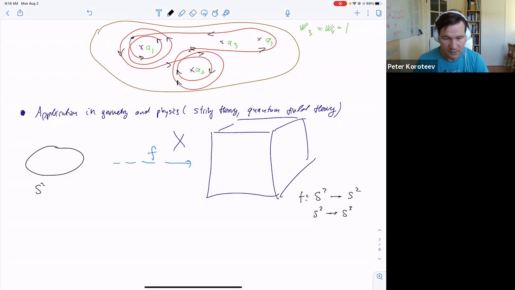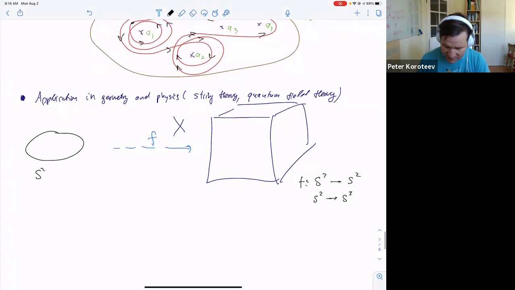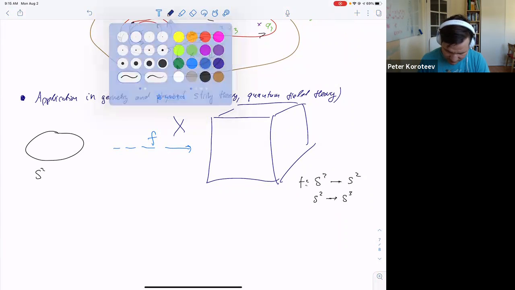Basically you need to define this map. Luckily, complex analysis is again of great help because the sphere is a complex manifold. And so this is another detour into complex analysis.